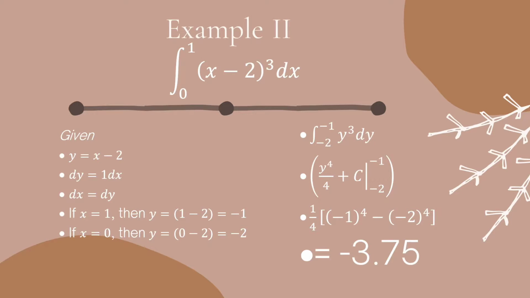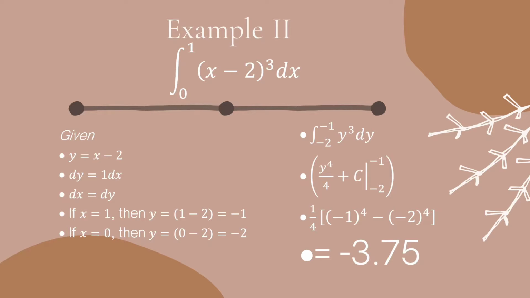So i-plug lang natin yung interval din sa x, then if x equals 1, then y is equals to 1 minus 2, therefore y equals to negative 1. If x equals to 0, then y is 0 minus 2 is equals to negative 2. So yun yung ating bagong transform boundaries, negative 1 and negative 2.